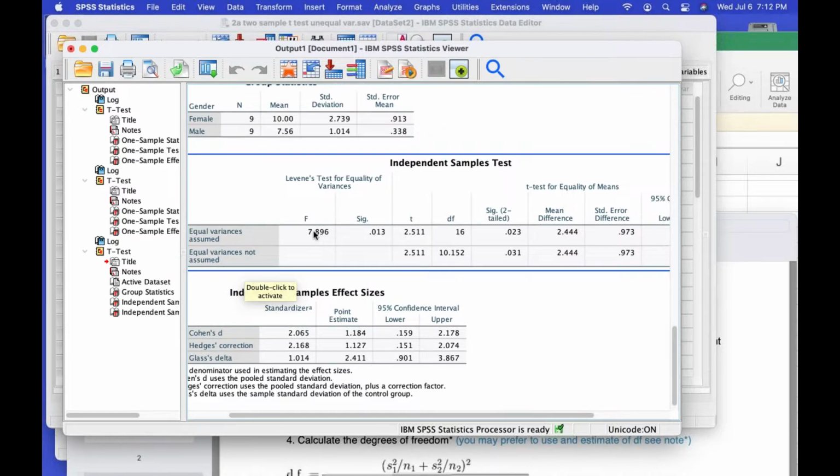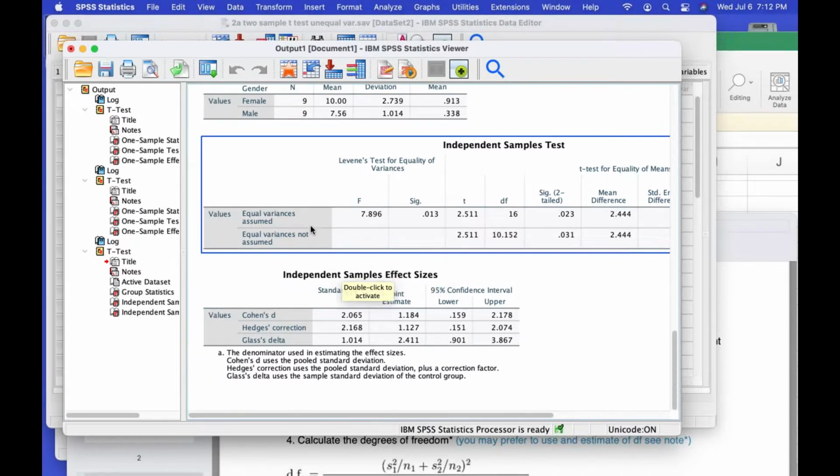This first part where it says F and significance, don't let that fool you. This is not part of the t-test. There's a little vertical bar here that's kind of hard to see, right? This is Levene's test for the equality of variance. This is a mechanism to test whether the variances are equal or unequal. To be honest with you, you're not going to need to use this for our purposes, but the way that this test works is, just like everything else, it assumes a null and alternative hypothesis.